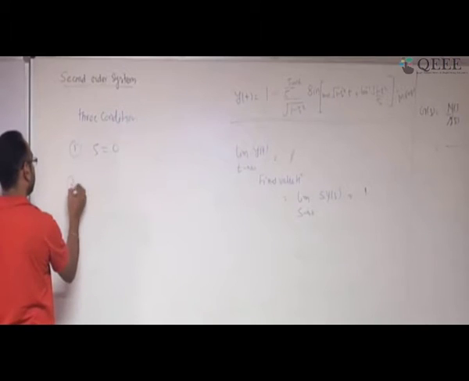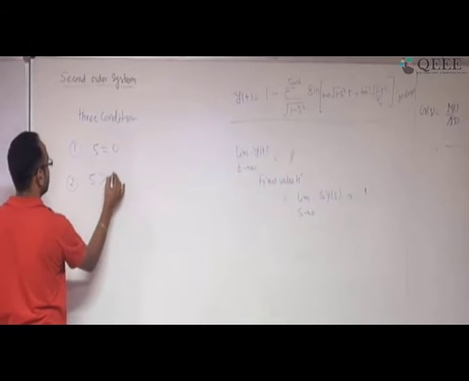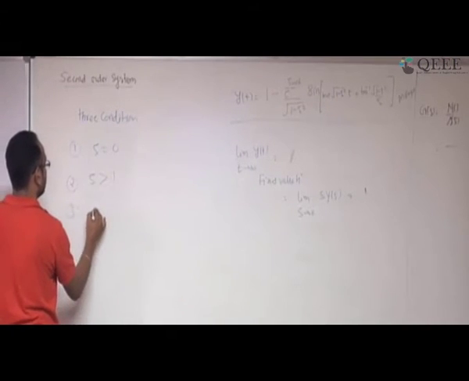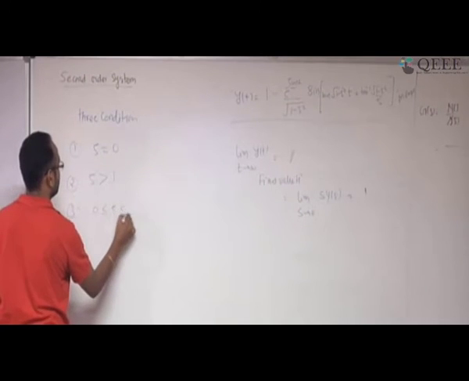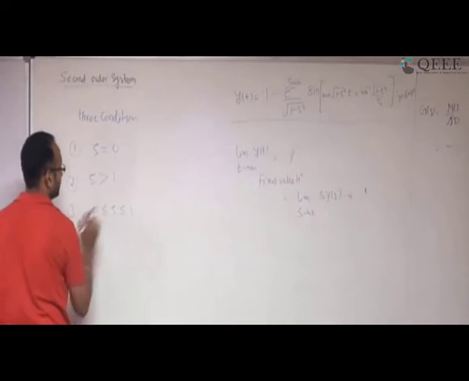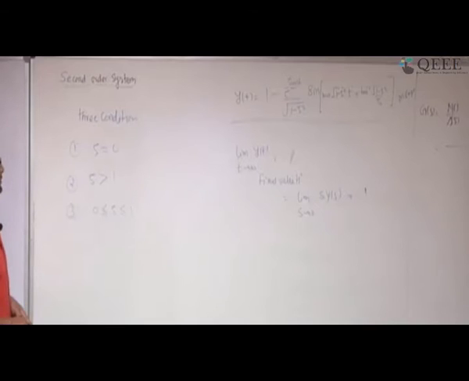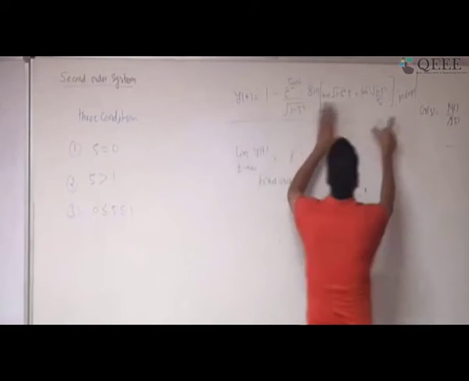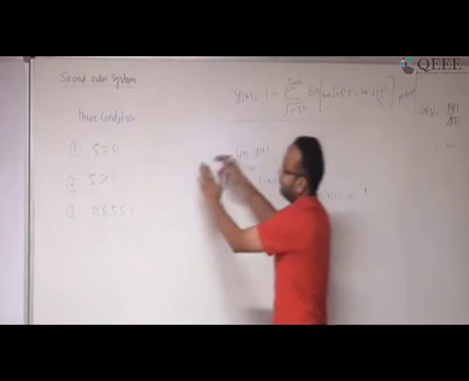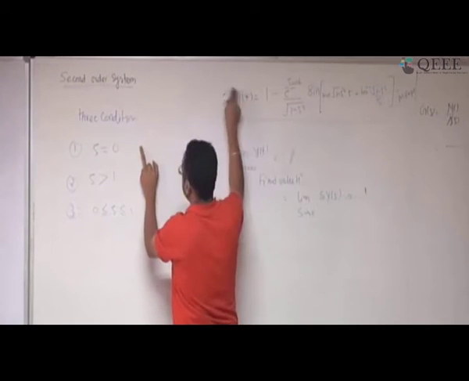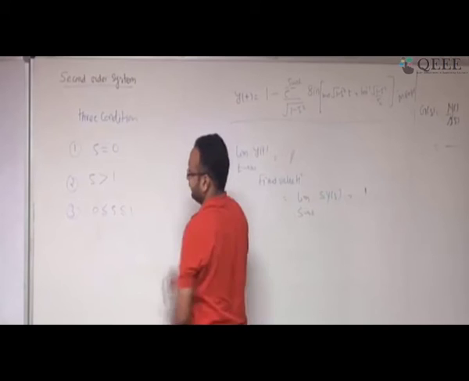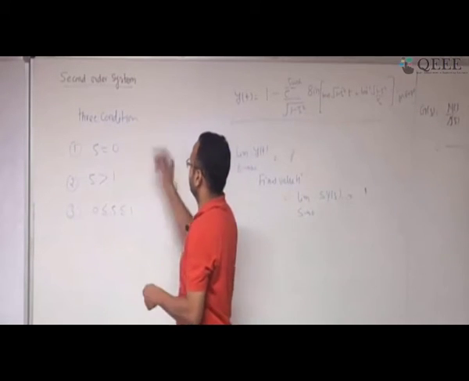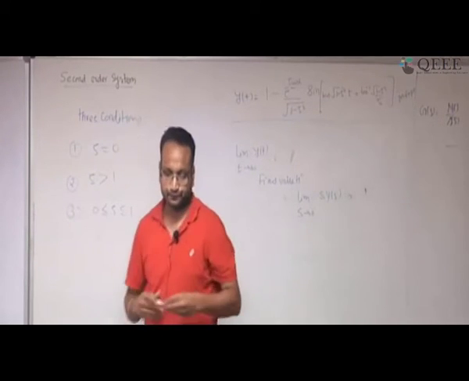Second, zeta is greater than 1. And third, the remaining case. We want to understand this behavior over time, and I want to consider how this term behaves for these 3 different conditions.